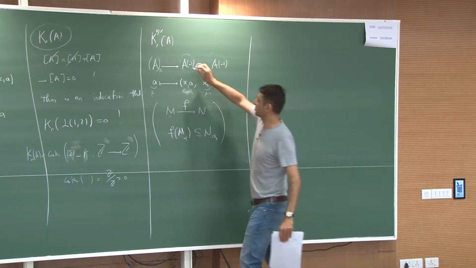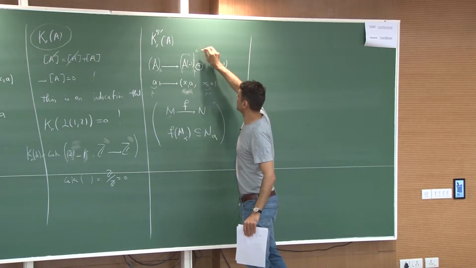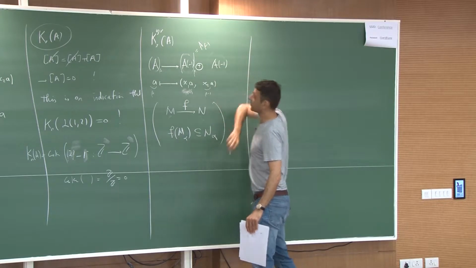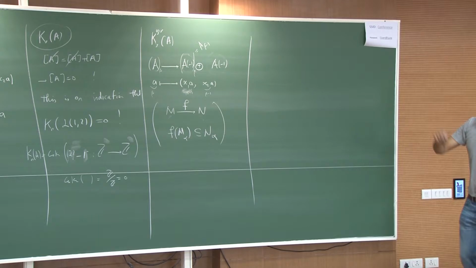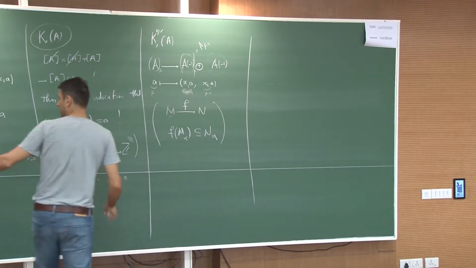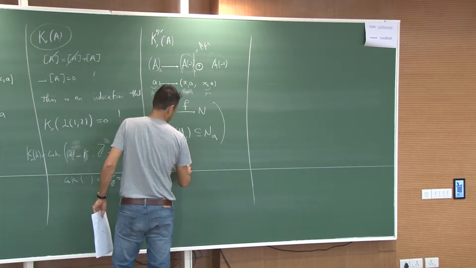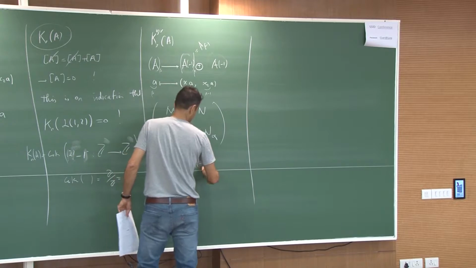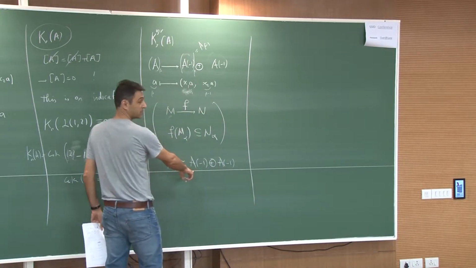Because remember the definition, the beta component of this is the same as A beta -1. So see what happened. I just proved that, and the other way around, the exact same thing. So I just proved that as a graded module, A is isomorphic to this thing.